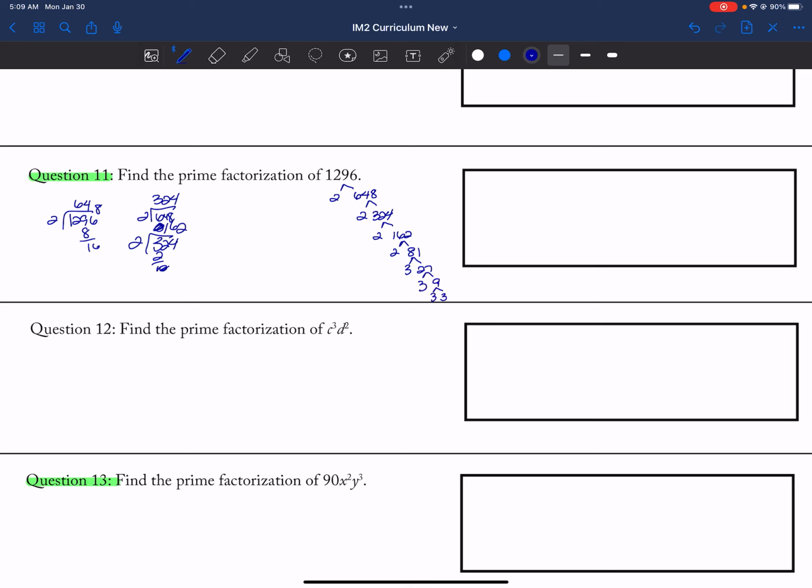So this is 4 twos and 4 threes. And we erase our arithmetic and pretend like it never happened, if it makes you feel better.